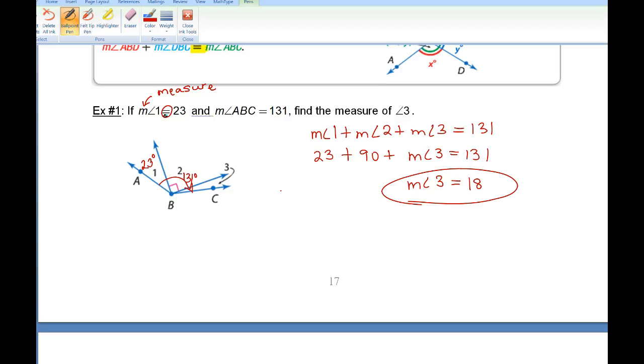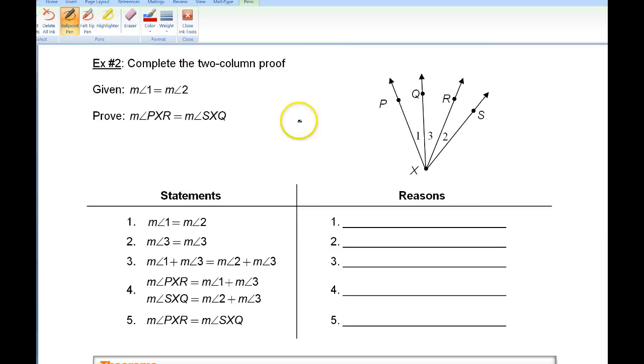If I didn't put the m in and I said angle 3, you can only use congruent. Like I could say angle 1 congruent to angle 2 or whatever, but the measures are equal. It's just like with segments. It's just notation. All right, let's look at a proof involving the angle addition postulate.